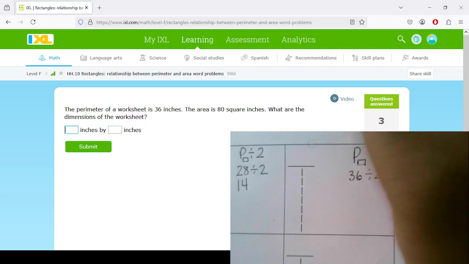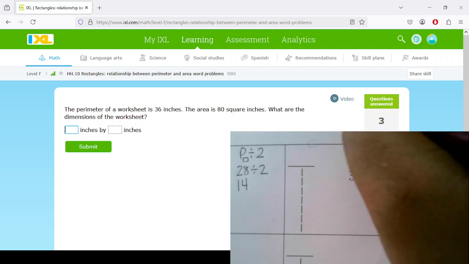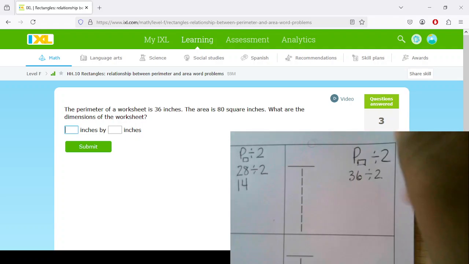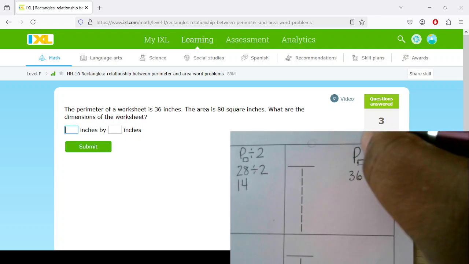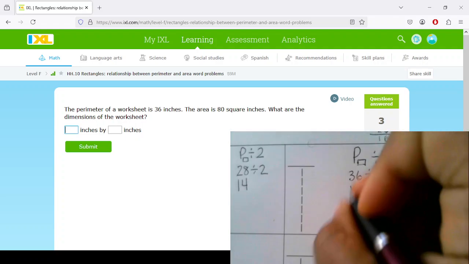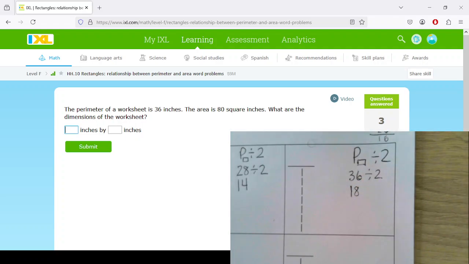We've started working a lot on our long division, so you can do that side calculation if you need to. If you don't know that it's 18, just find it. 2 can fit into 3 one time. 2 can fit into 16 8 times. So I'm looking for a factor pair that's going to add equal 18.